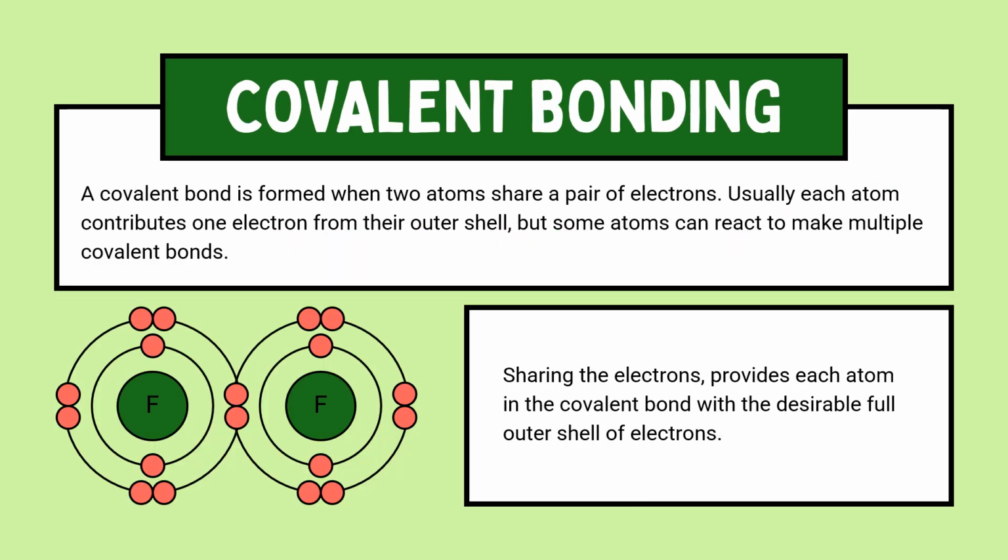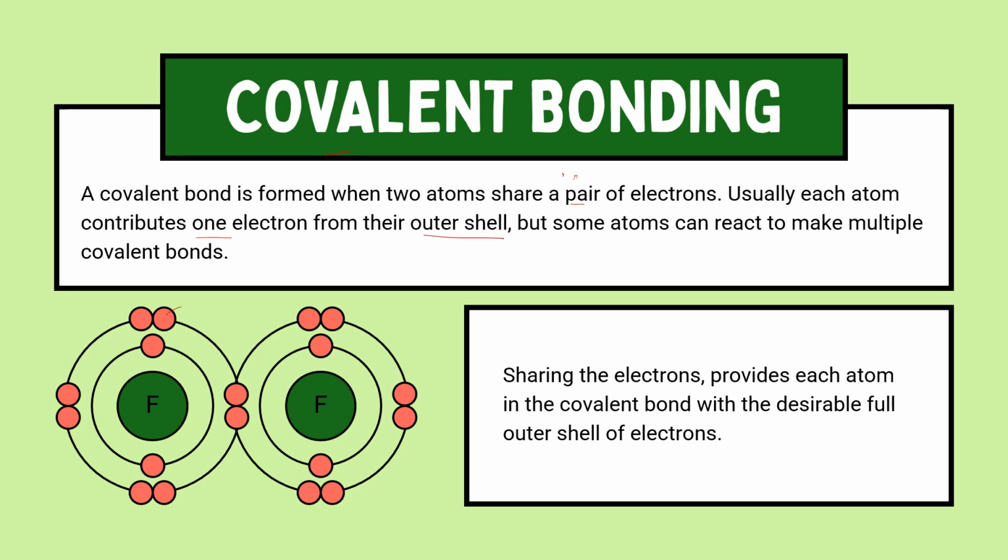Okay, next, covalent bonding. A covalent bond is formed when two atoms share a pair of electrons. Covalent bond, who is forming? Non-metals. Usually, each atom contributes one electron from their outer shell.